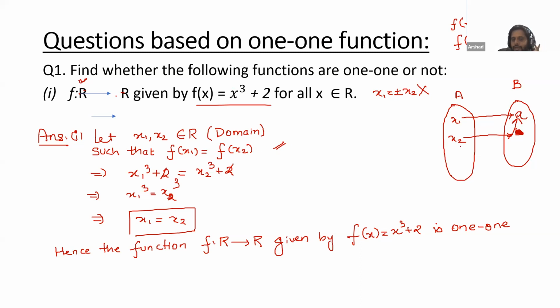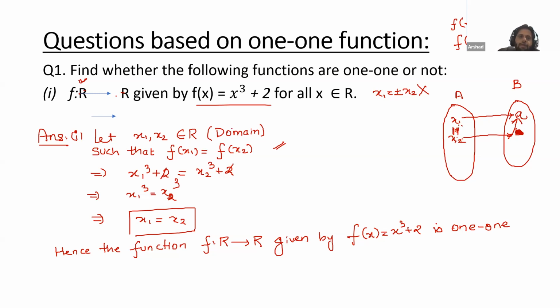So as per this arrow diagram, x1 and x2 have the same image. But finally we have proved that x1 is also equal to x2. If these two are not equal, then different elements have the same image, so this is not one-one. That's why these two have the same image only if these two are the same. So we have written here x1 is equal to x2.